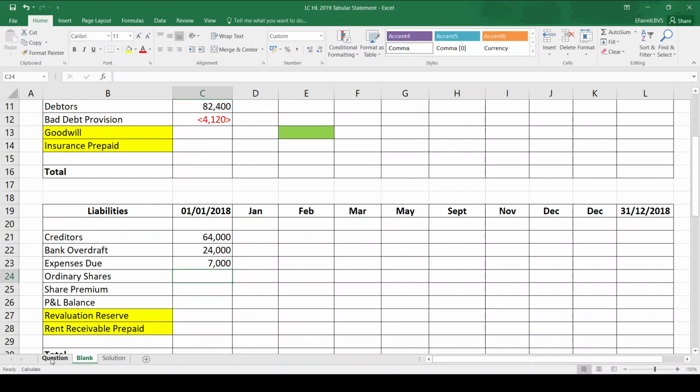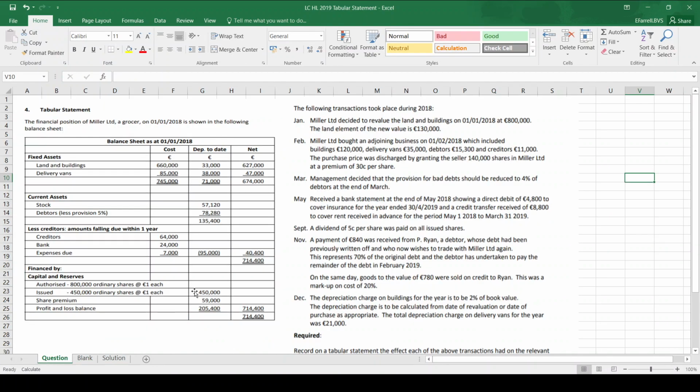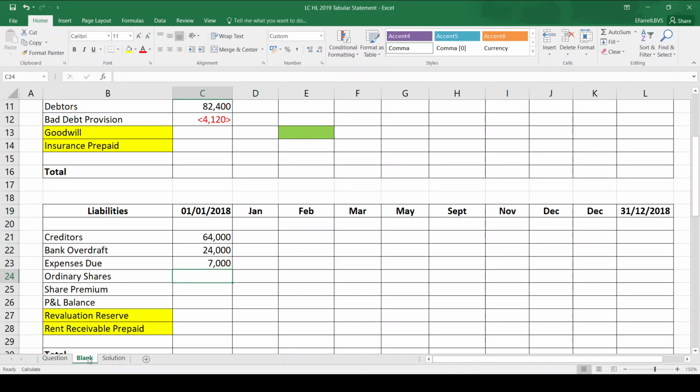Then if we go back to the question again, put in the remainder of the figures: ordinary shares are 450, share premium 59, and profit and loss 205,400. So they will just go into the opening balances. And again, these in yellow will come into the question later on. There are no opening balances for those.